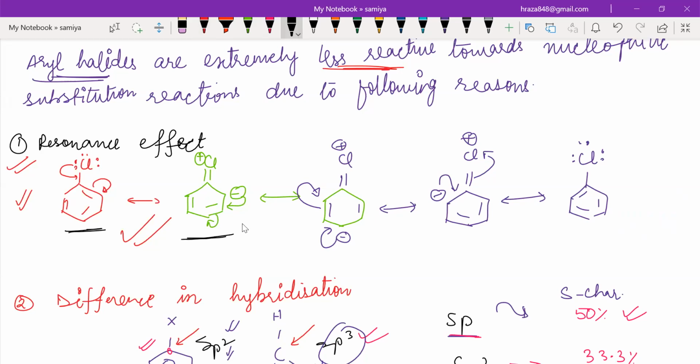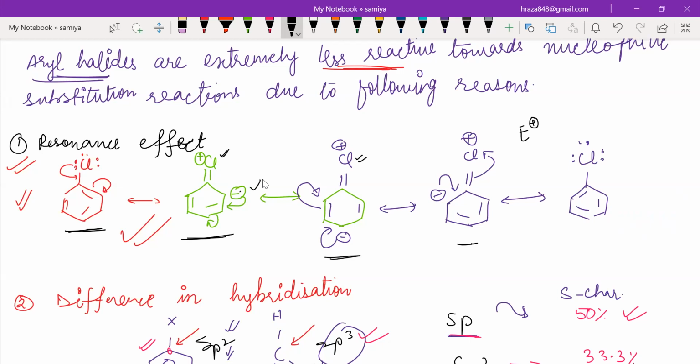Yes, sir, there is a negative charge at the ortho position with respect to this chlorine, and at the para position as well. So if we are studying an electrophilic substitution reaction, that means an electrophile will attack.